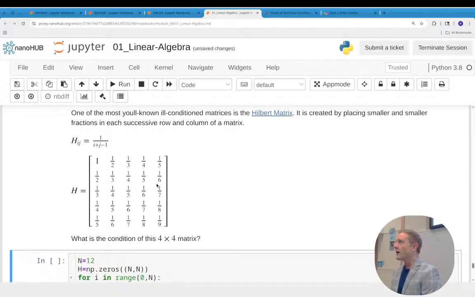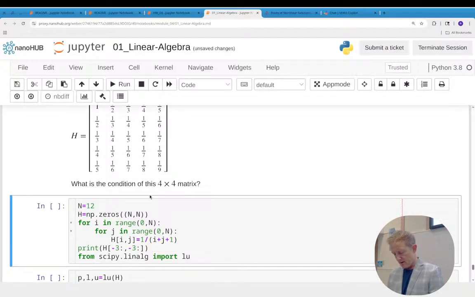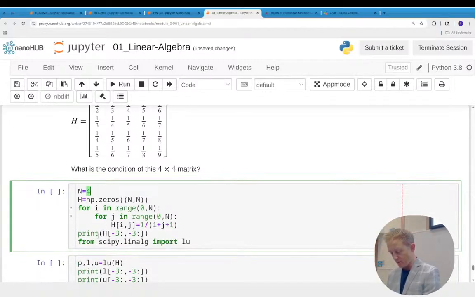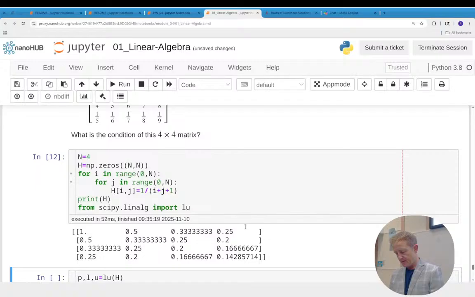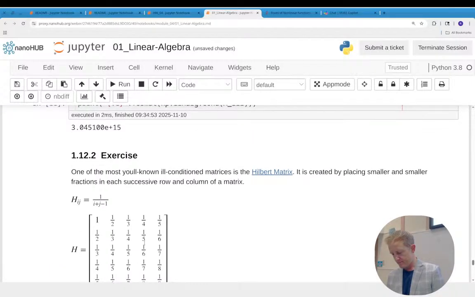You mean where we're talking about this one? Yeah, so why is it in this? This one, if we're making a 4 by 4 matrix, then we would say n is 4. Then we could just look at the whole H. And then, yeah. That would be a better way to show it, right?